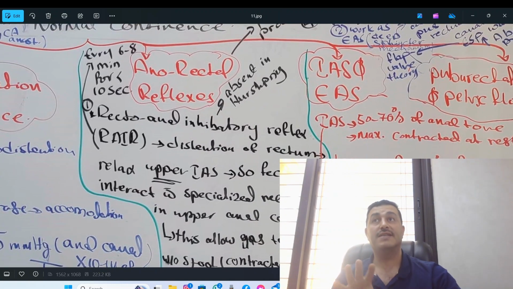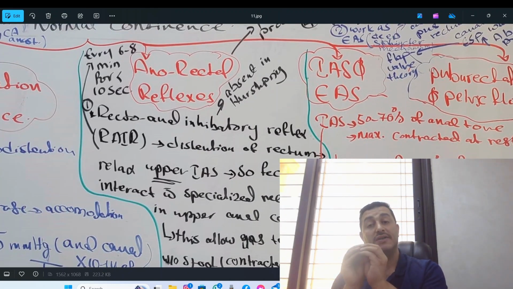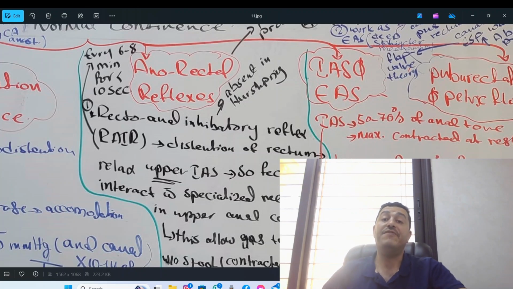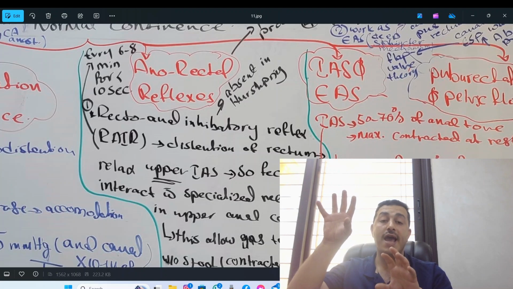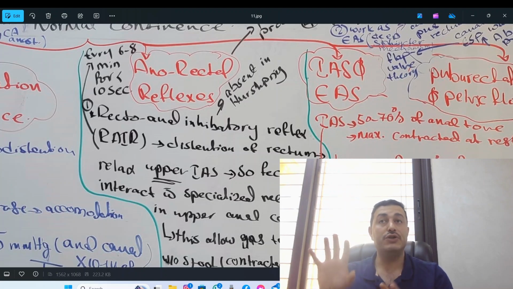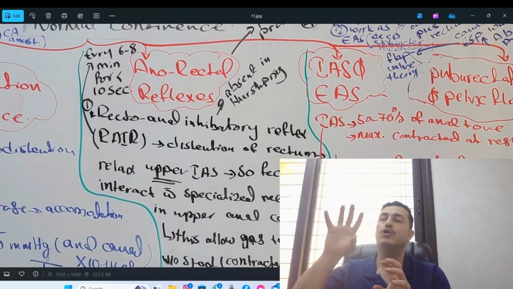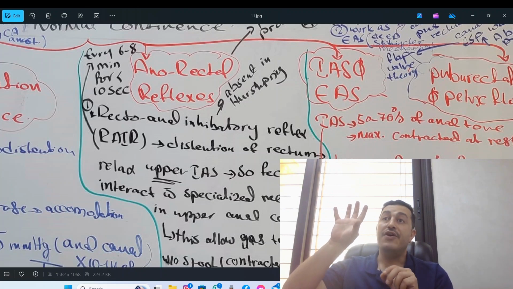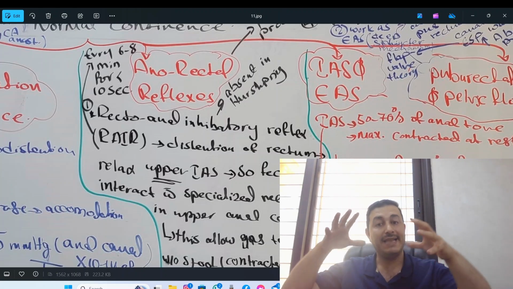The anorectal reflexes: how do they participate in the continence mechanism? How do they prevent spillage of stool? The most important reflex we have is what we call the RAIR, or recto-anal inhibitory reflex. What happens when the rectum is full of stool and distended?